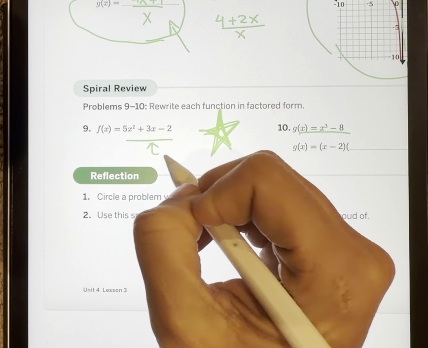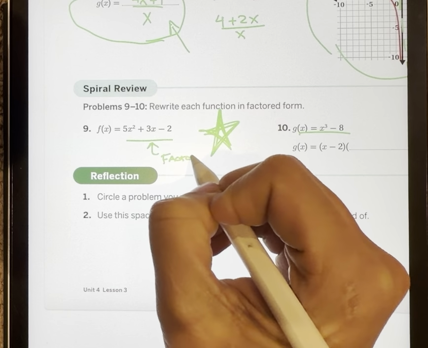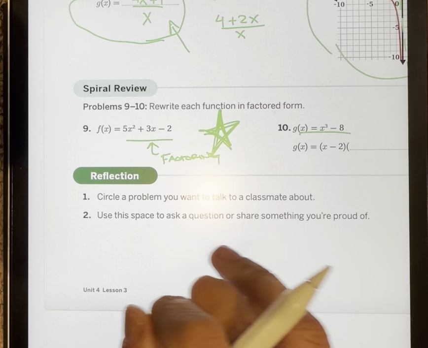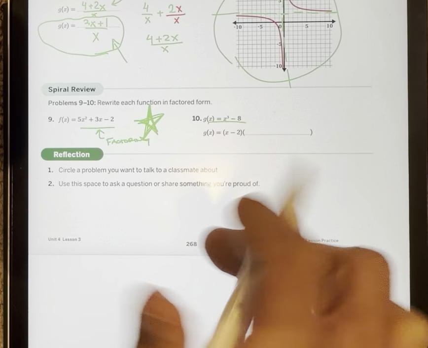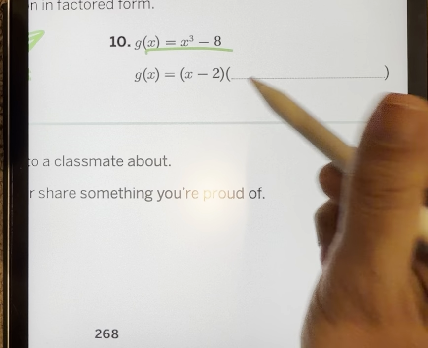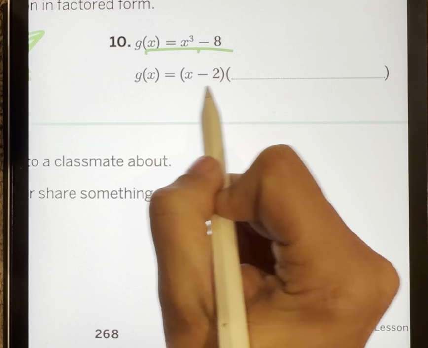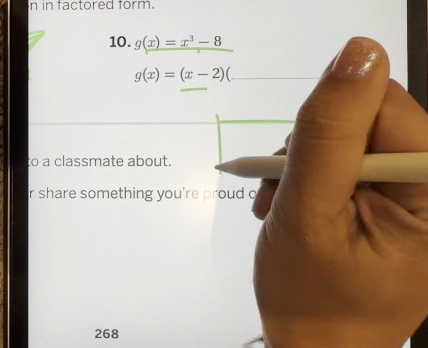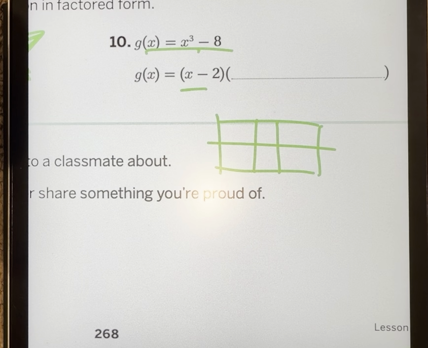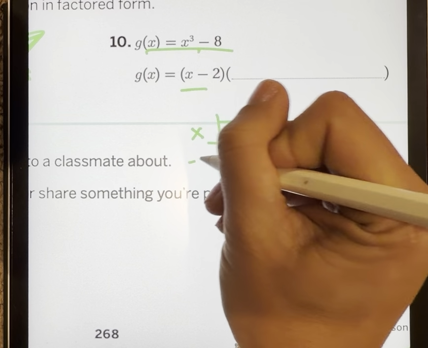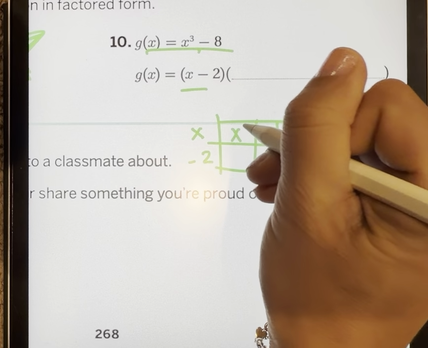This one, you could use my factoring video if you don't know how. And for this one, this is a cubic function, but because they gave us a factor, you would want to go and divide. X minus 2 divided into x cubed.